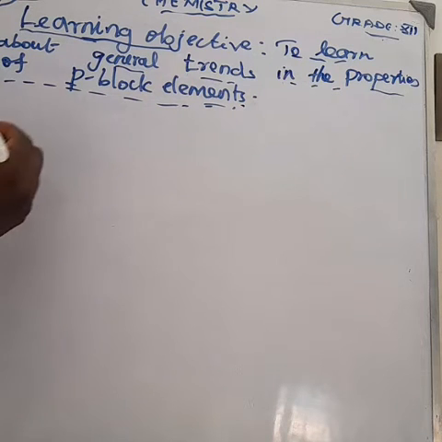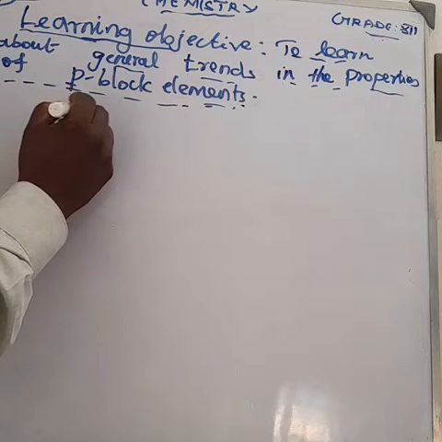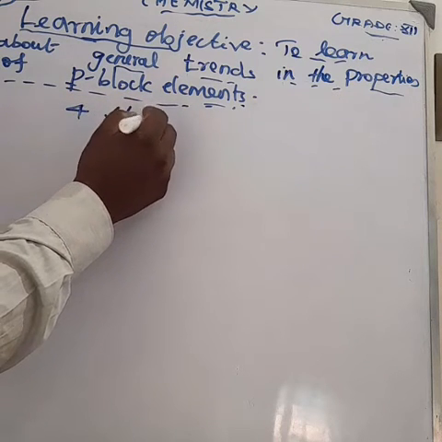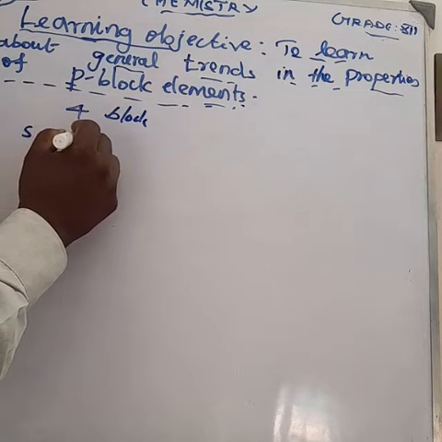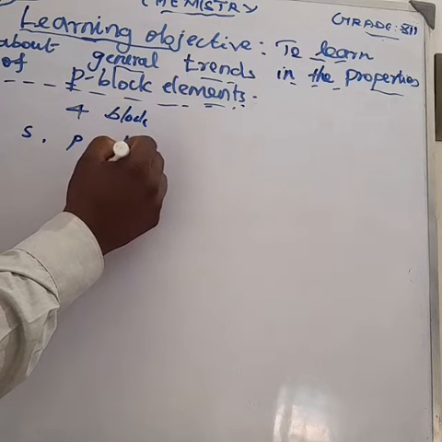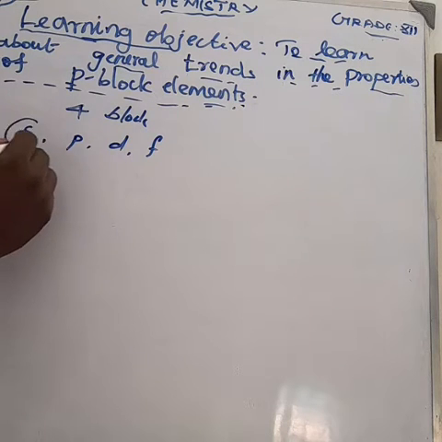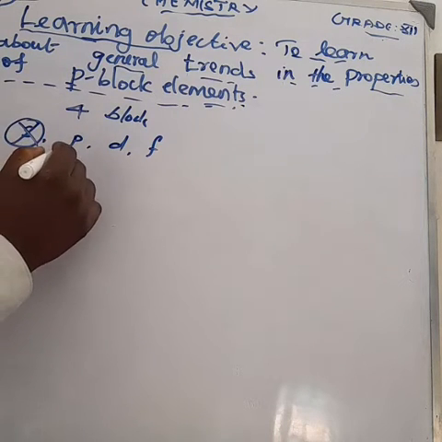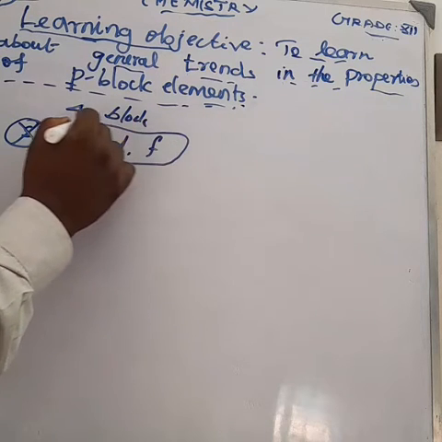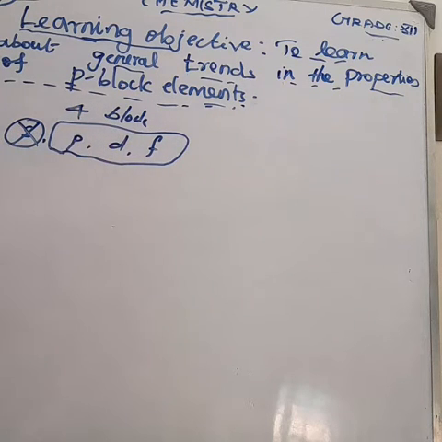The periodic classification of elements is divided into 4 blocks: S block, P block, D block and F block elements. In 11th grade, we learned about the S block elements. The remaining, the P block, D block and F block elements, we are going to learn in 12th grade. Am I right?